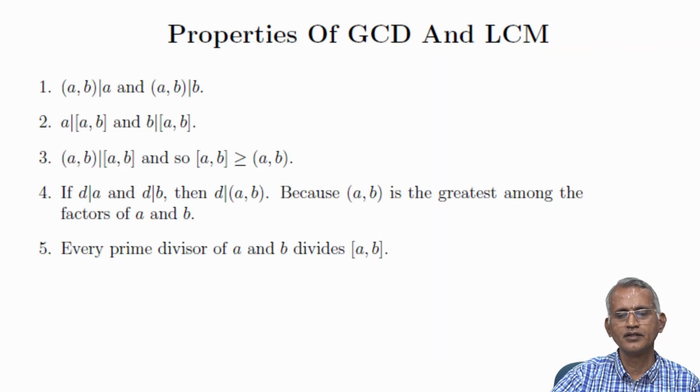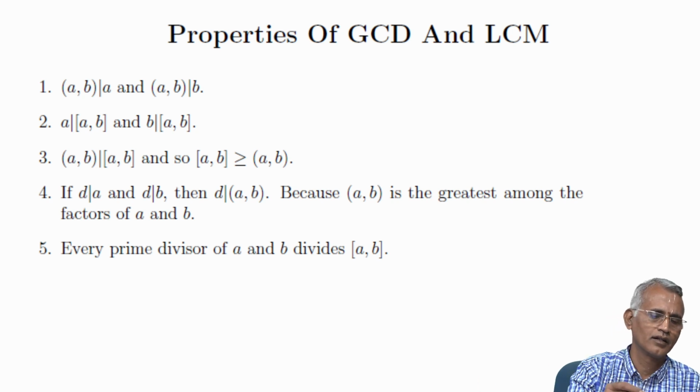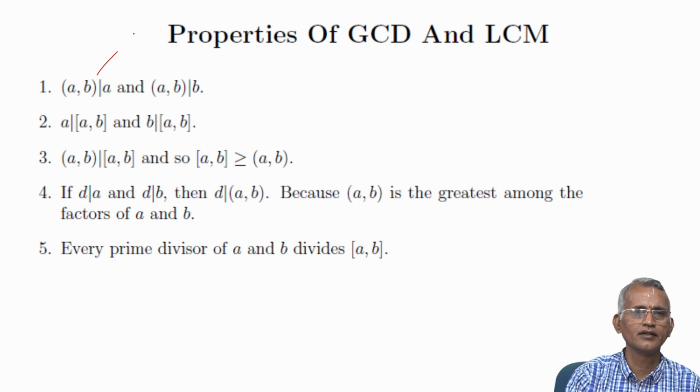Next, properties of GCD and LCM. The GCD of A comma B divides A and the GCD of A comma B divides B, and A divides the LCM of A comma B, definitely B divides the LCM of A comma B. The LCM is always greater than or equal to the GCD.